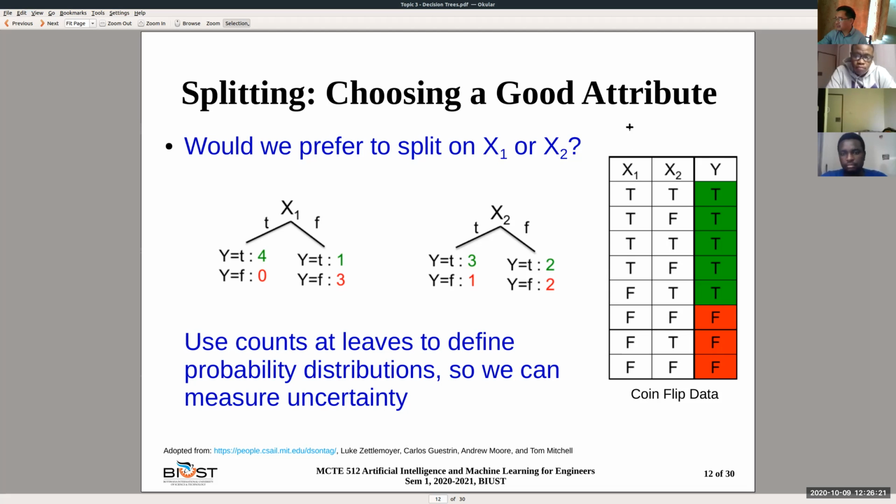Maybe this is not coin flip data, because maybe there are two coins. I'm not familiar with what data this is, but anyway, this table is given and we're going to build a decision tree out of this table.